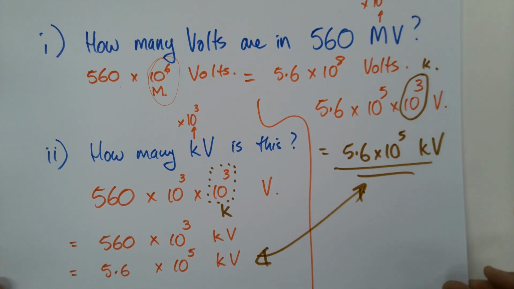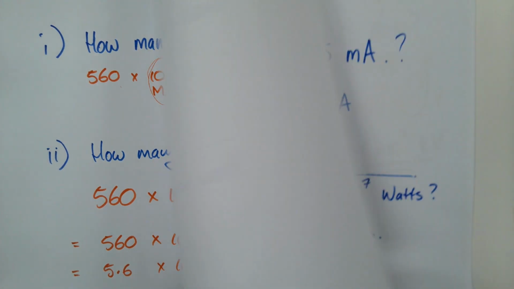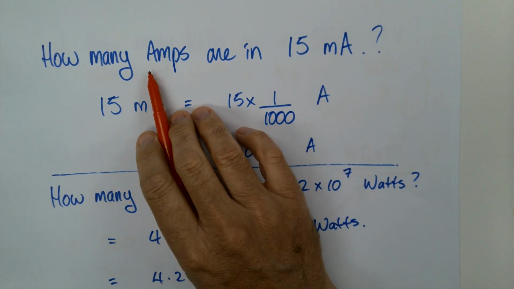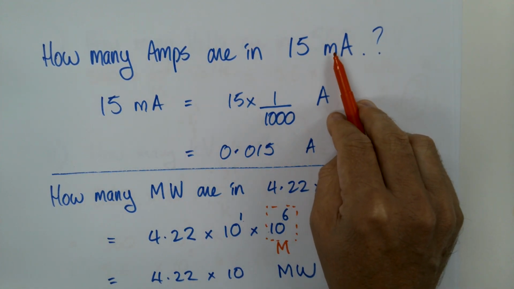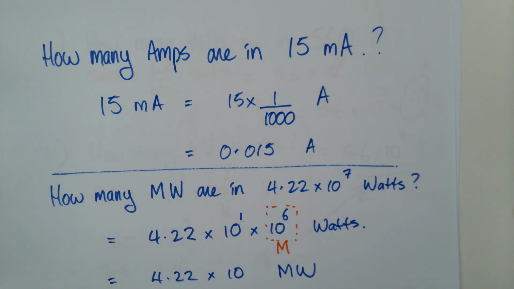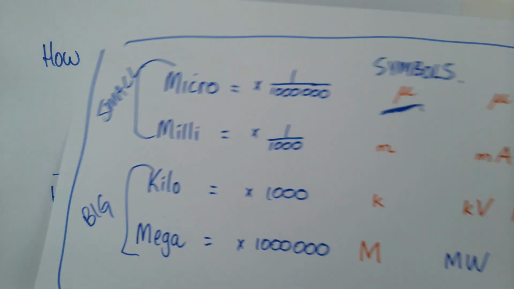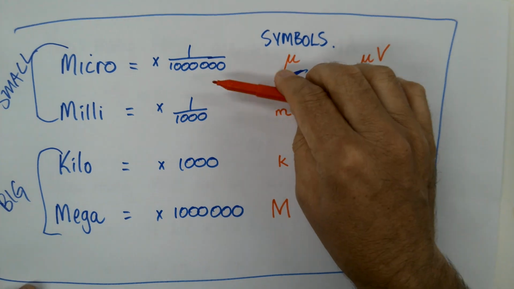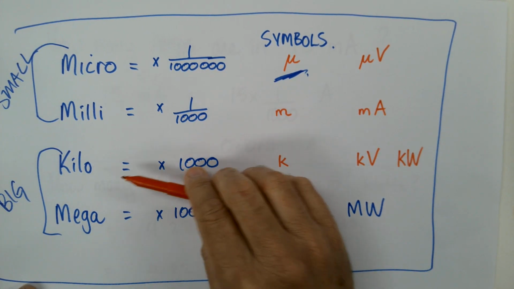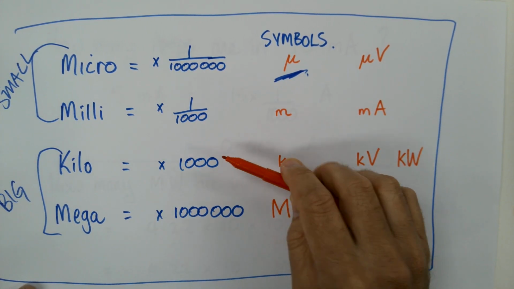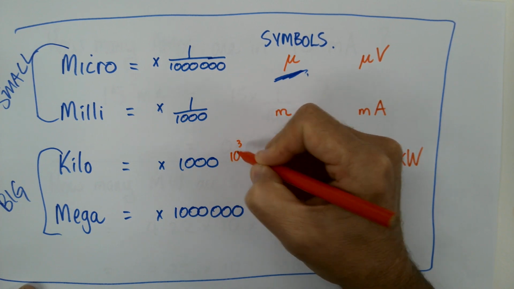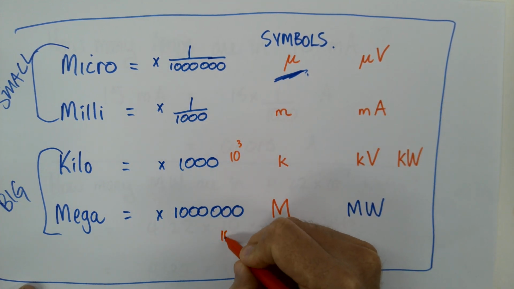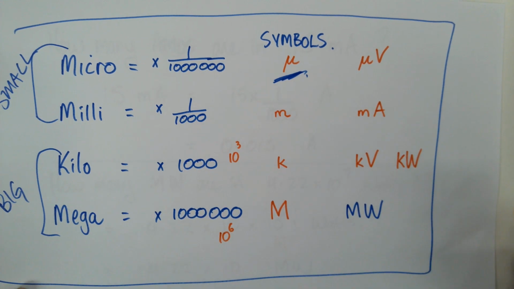You need to know the simpler ones, how many straight up amps are in something like that. So you need to be pretty good with remembering these things. If I've got kilo, it's times 1,000, but as we just said, that's actually 10 to the 3, isn't it? And this one here is 10 to the 6.